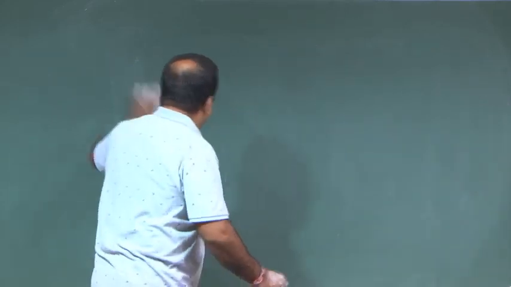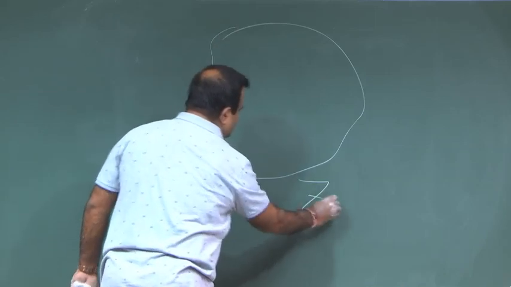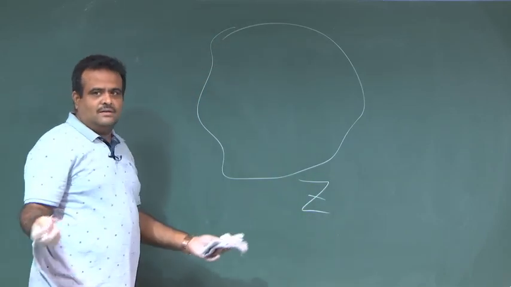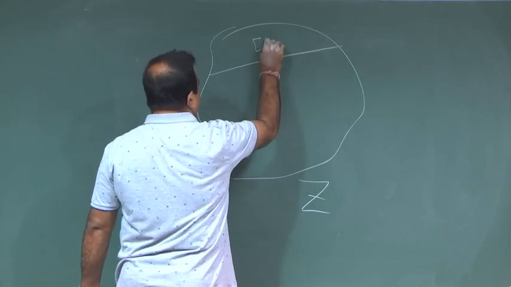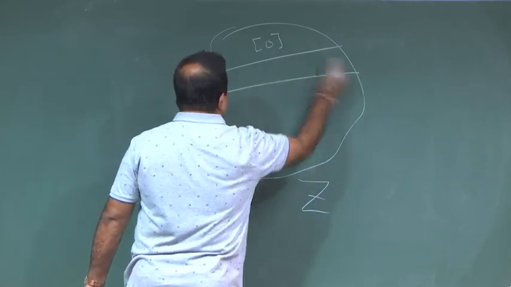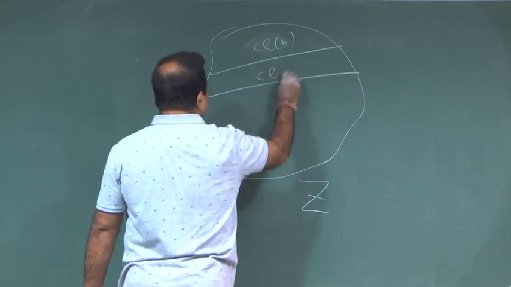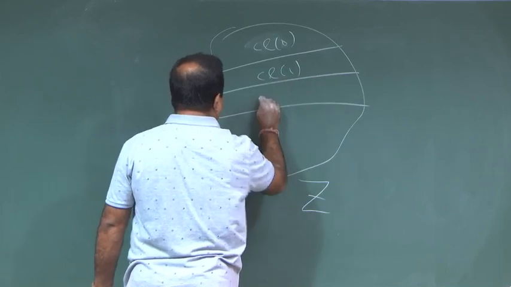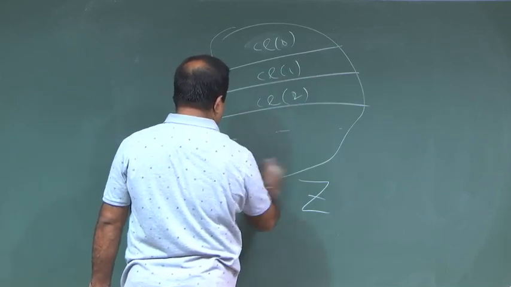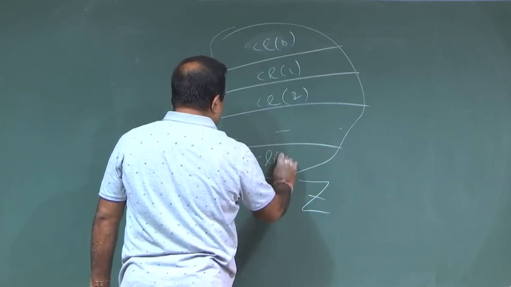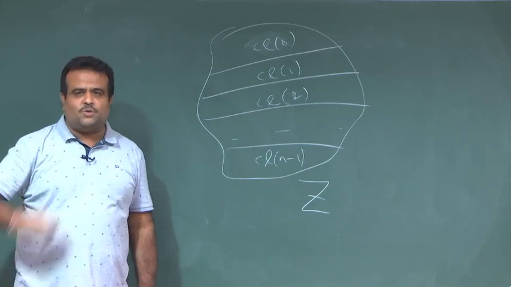So, these classes are basically, we have this set of integers Z. Now, we have a number n. Now, we divide the integers, and the remainders are like this: 0 class, 1 class, 2 class, like this up to n minus 1 class, because if we divide any integer by n, these possibilities are there.